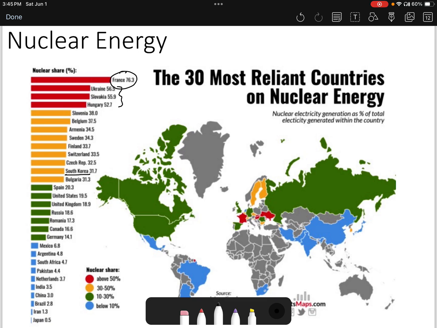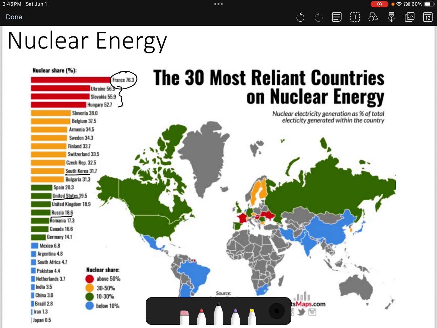Now in green, you can see the United States is sort of far down on the list. We do have nuclear reactors, but in the 80s, we kind of lost faith in nuclear reactors, and we stopped developing them, and trust in nuclear reactors decreased. And we'll talk about why in a second.